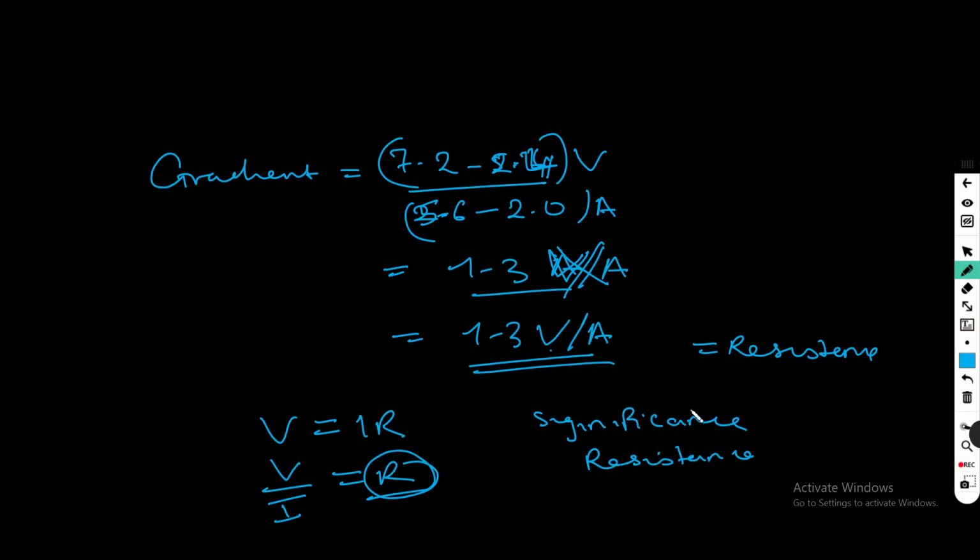So if you put 1.3 ohm, they'll mark it correct. If you put 1.3 volt stroke A, they'll still mark it correct. Because this gradient represents resistance. That's what it represents. So that is how we plot the graph.